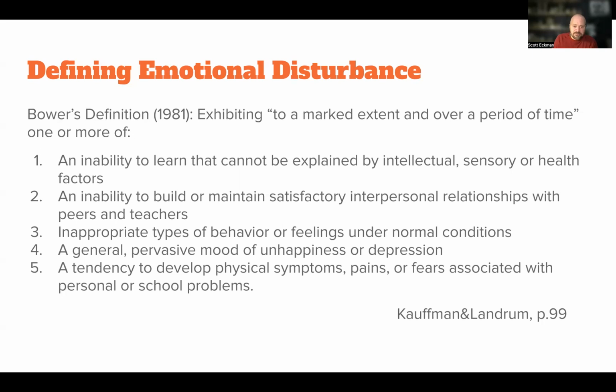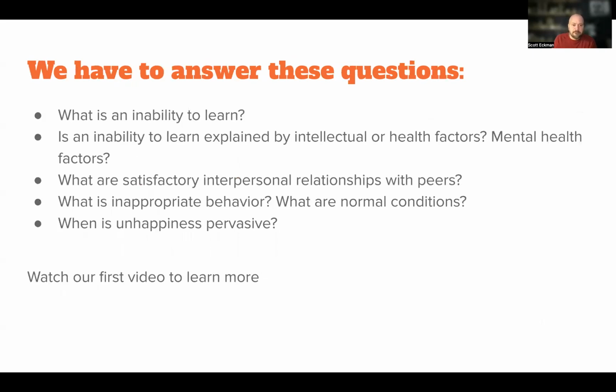As you think about this definition, there are some problems out of the gate. Think about that definition and reflect on whether we can answer these questions. What exactly is an inability to learn? Is that inability to learn explained by those other factors that we talked about?